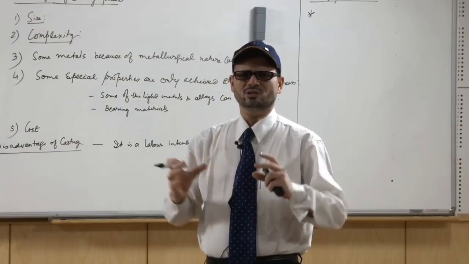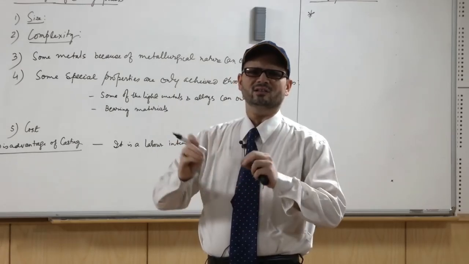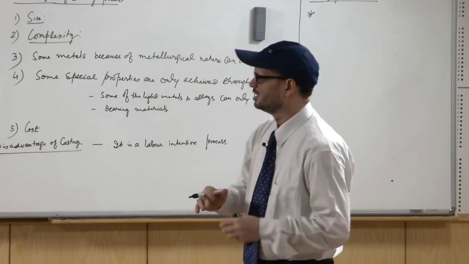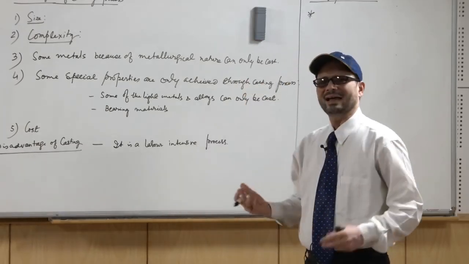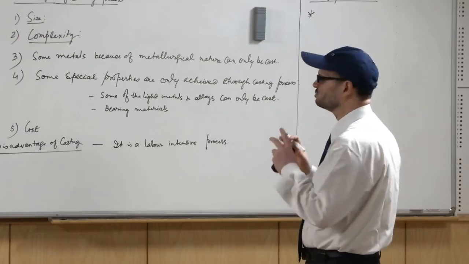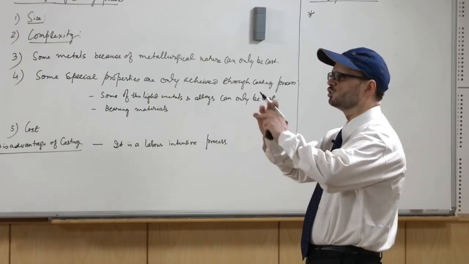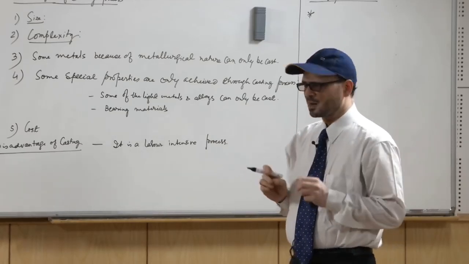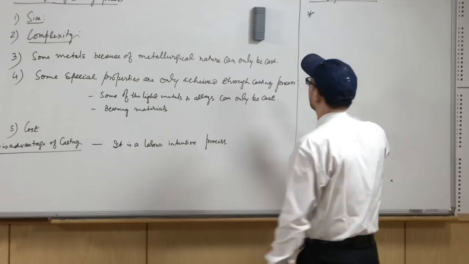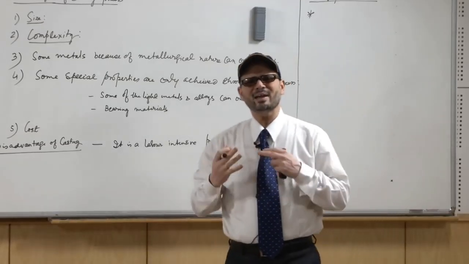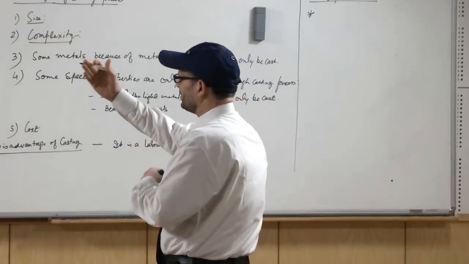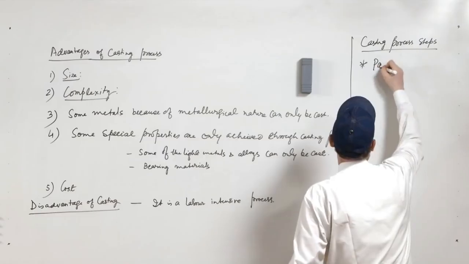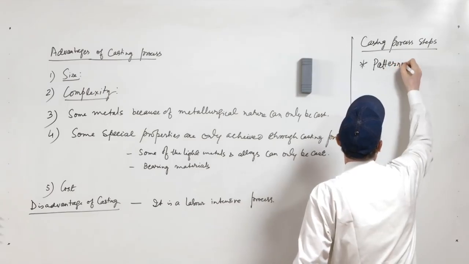In the mold you are pouring the liquid metal, which after getting solidified has to be removed, and that is your cast product. Now, for this mold you need the replica of the cast component. That replica is nothing but a pattern, and this pattern is to be made in a shop that is known as pattern making shop. So, first process is pattern making.